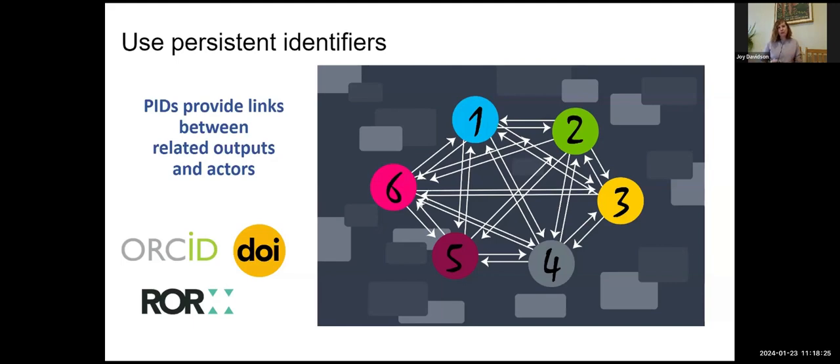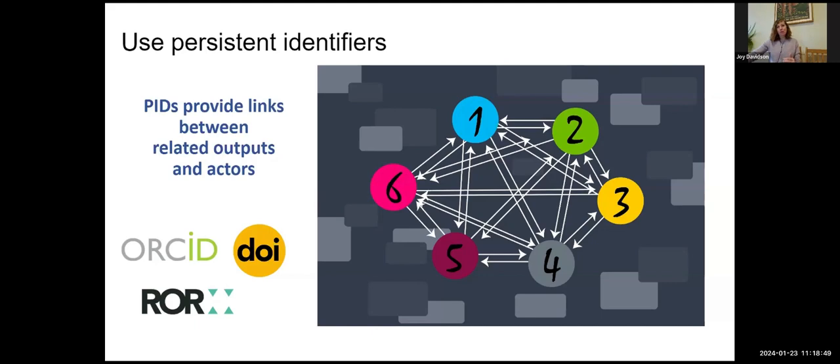Equally, grant identifiers help to link it to particular funded activities. So really, persistent identifiers are all about building up that contextual information and showing the relationships between different outputs. So it's worth taking the time to try and make those bi-directional links between the various outputs and trying to build that into the workflow.